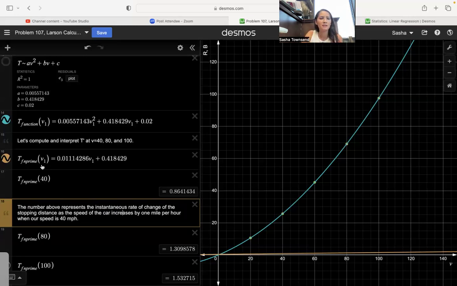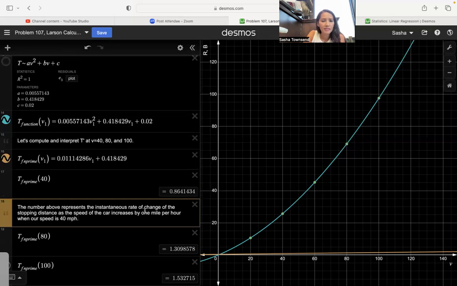I do want to point out that I used a subscript 1 here on our v because we were using that v for something else up here. The v values were actually given data, and these v values are just another independent variable. So I needed to distinguish the two, and that's why I had to add that v sub 1.